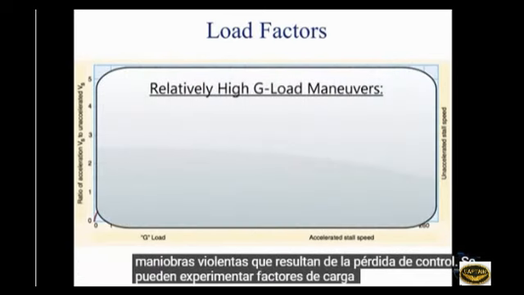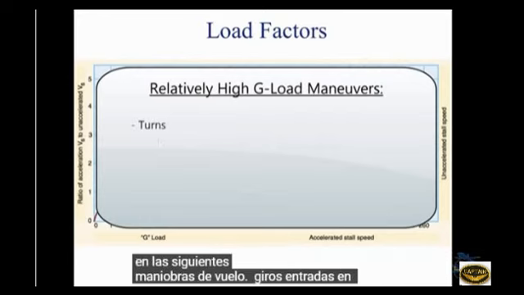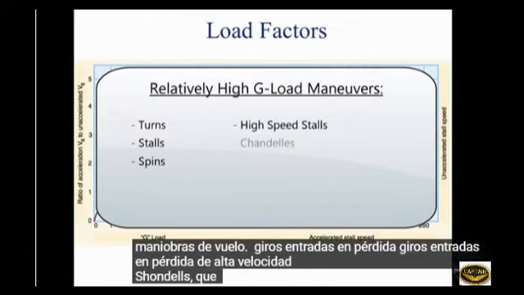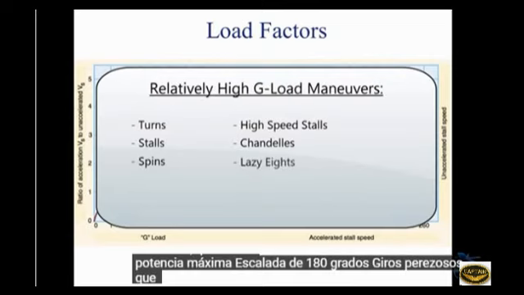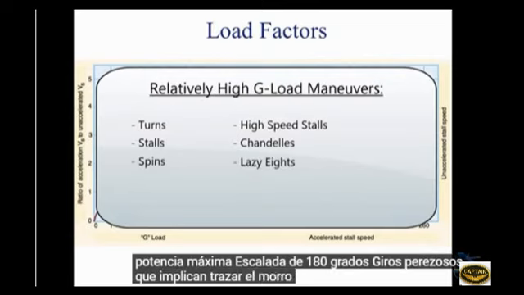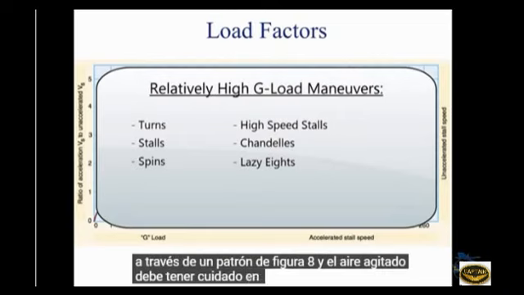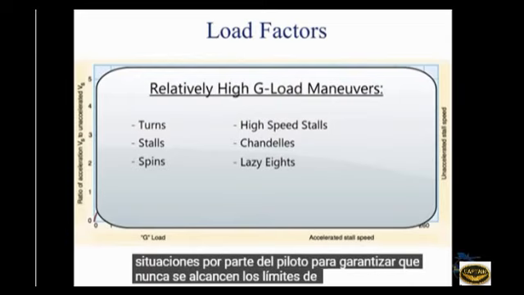Relatively high load factors can be experienced in the following flight maneuvers: turns, stalls, spins, high-speed stalls, chandelles, which is a maximum power 180-degree climbing turn, lazy eights, which involve tracing the nose through a figure 8 pattern, and rough air. Care should be exerted in these situations by the pilot to ensure that load limits are never reached.